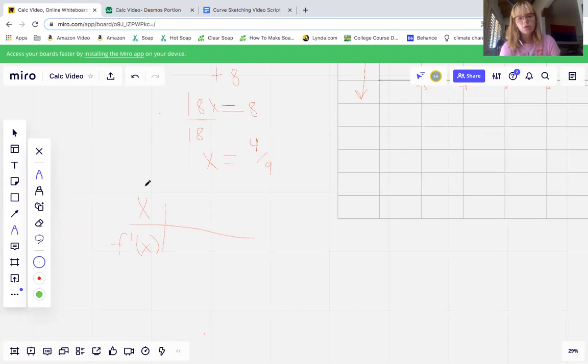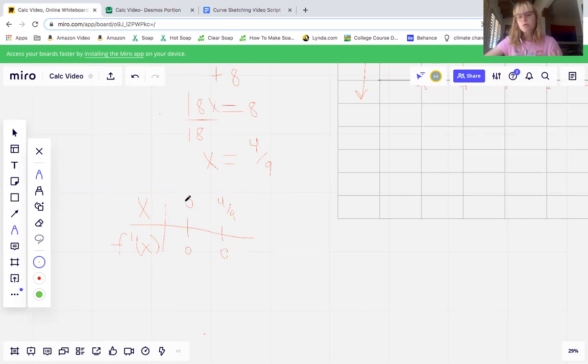So we have negative infinity on this side, positive infinity on this side, and our two important points of 0 and 4 over 9 in the middle. And obviously these both correspond to zeros in the function f dashed of x, but the question is, how is the function behaving in between all of these points?